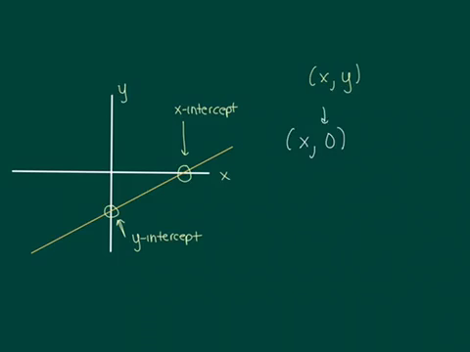The Y-coordinate is always going to be 0 for an X-intercept. And then similarly for a Y-intercept, I haven't gone left or right from the origin, so my X-coordinate is always going to be 0, and then I'm going to have my Y-coordinate there. So it's important to remember that these are always ordered pairs, and we have to write them as ordered pairs.